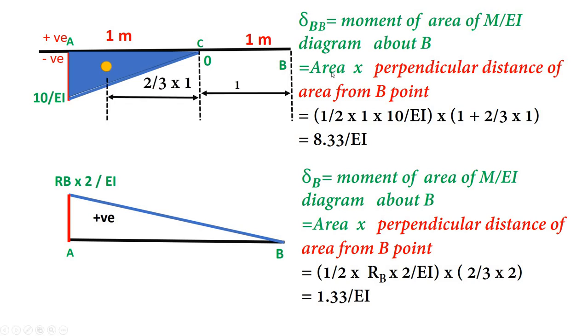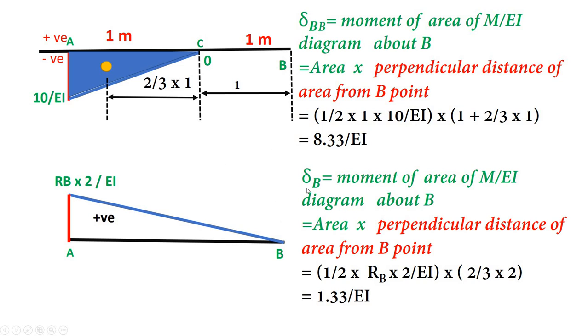That is the area multiplied by the perpendicular distance of that area from point B, equal to 1/2 base into height, that is the area of this right angle triangle, multiplied by the perpendicular distance, 2/3 of 1 plus 1 from point B. So the deflection due to the loading of the cantilever beam is 8.33 over EI.